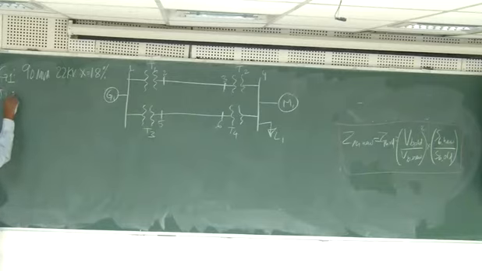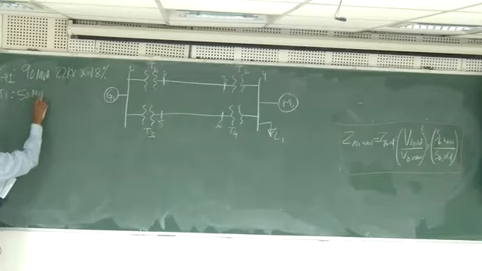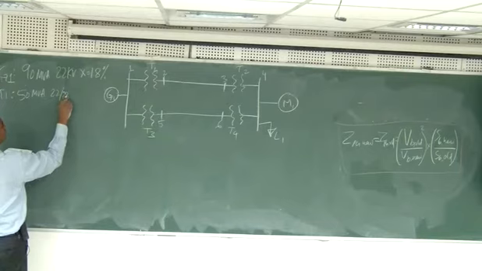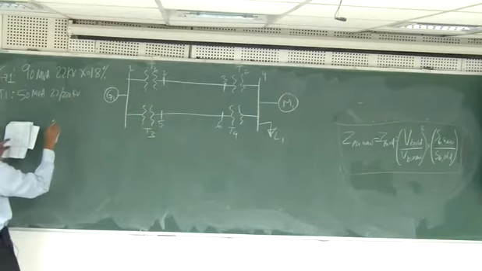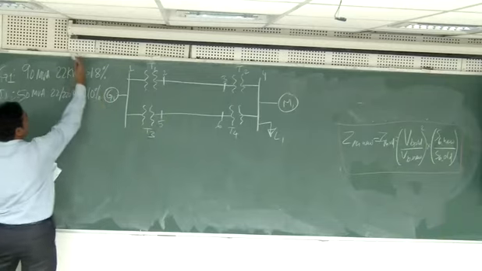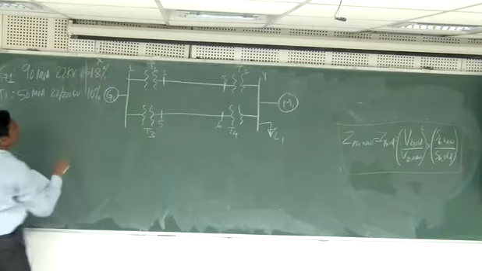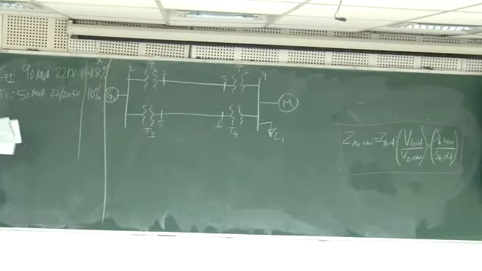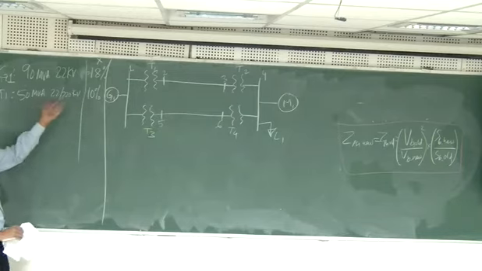Now what is transformer T1? Transformer T1 is 50 MVA, 22 by 220 kV, and X is 10%. So if you refer to the 22 kV side, you can calculate what is X in ohms, or the 220 kV side you can calculate, right?